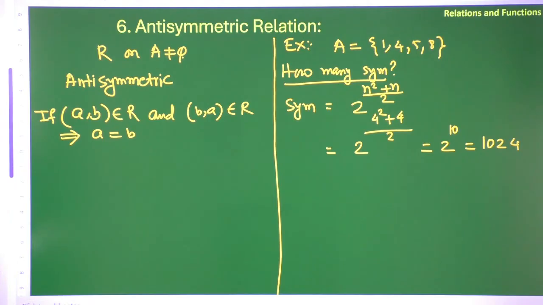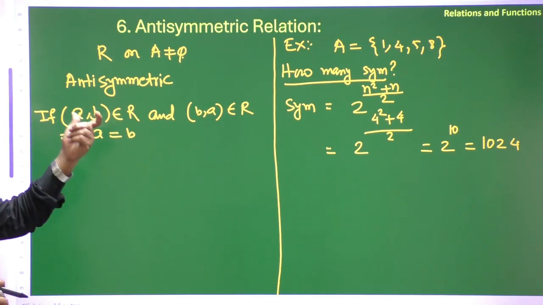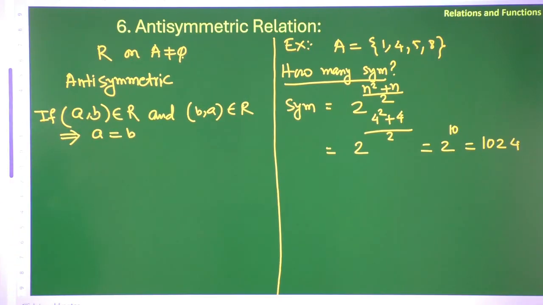This is the definition of an antisymmetric relation. So if (a, b) and (b, a) are both present, it is only possible when a equals b.